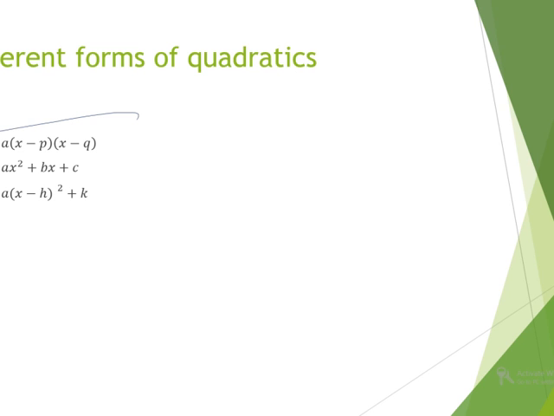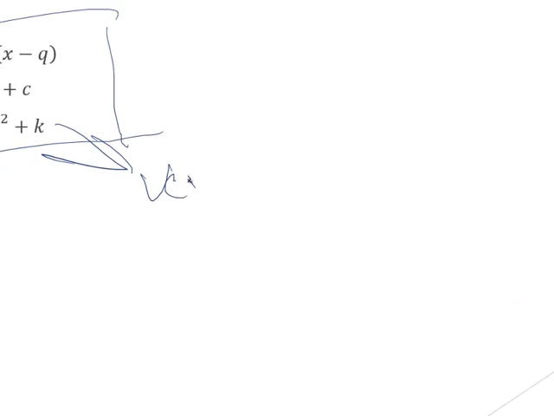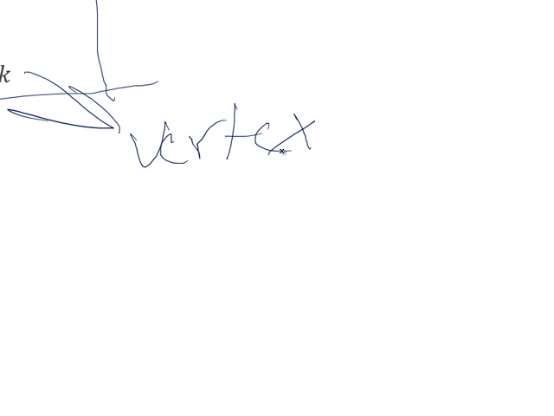There are three different forms of quadratics. This form is also known as the factored form.